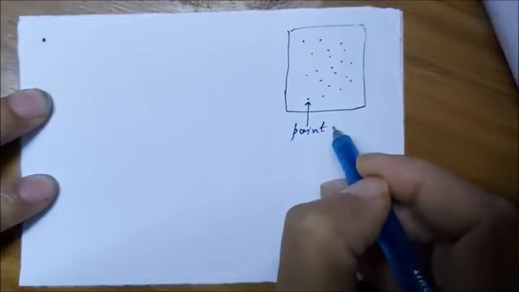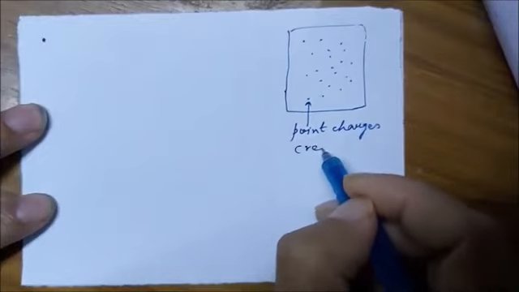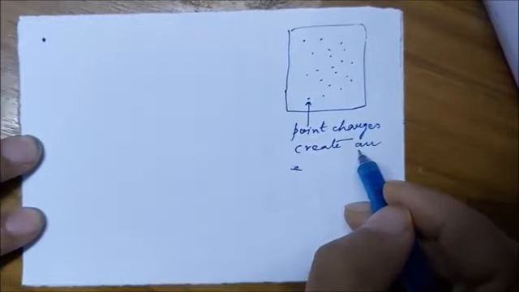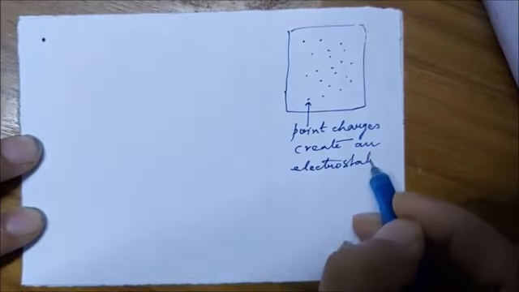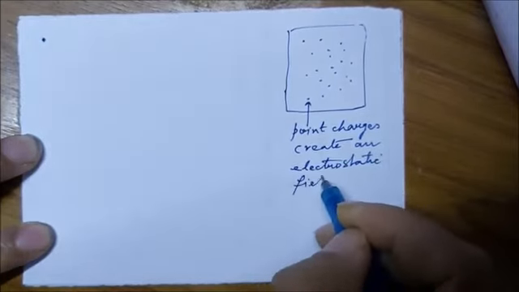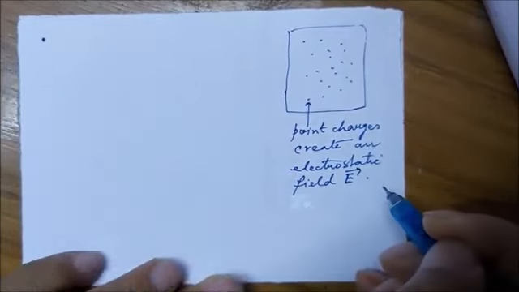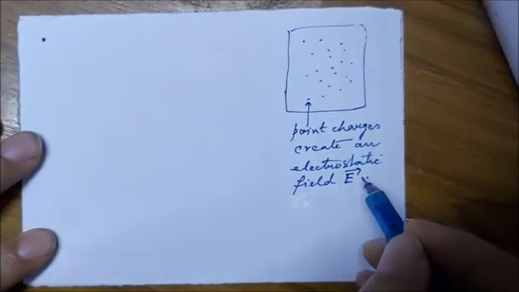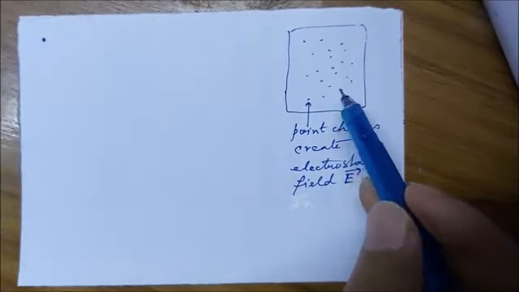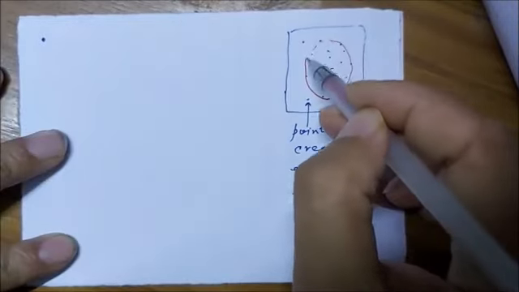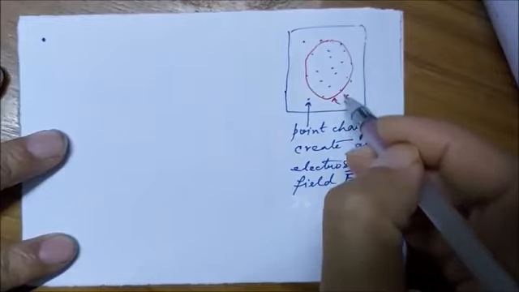So these are point charges and they create an electrostatic field denoted by vector E. So what will be the flux of vector E across a surface, say S, a closed surface imagined in this region?